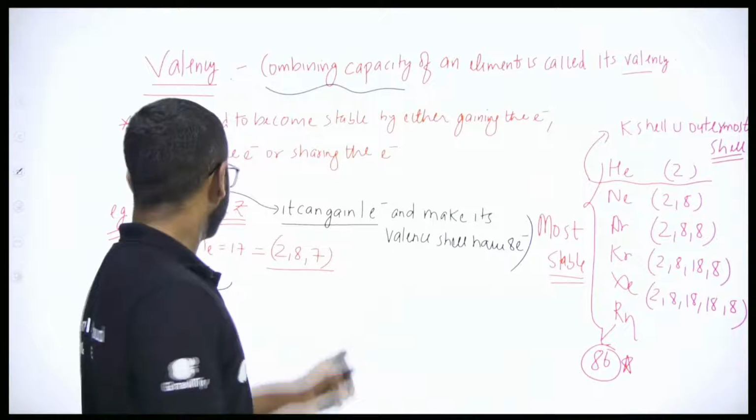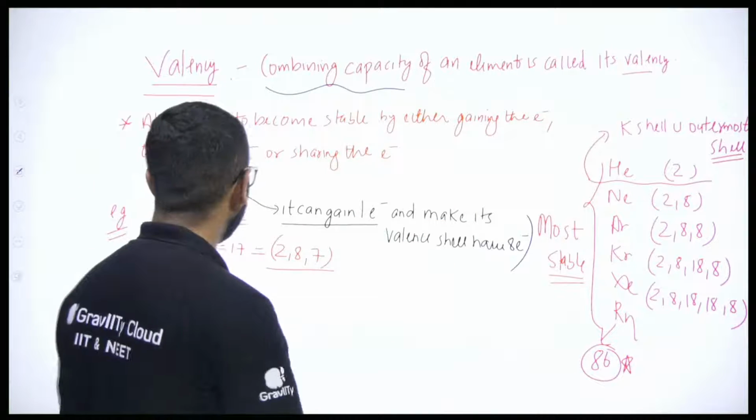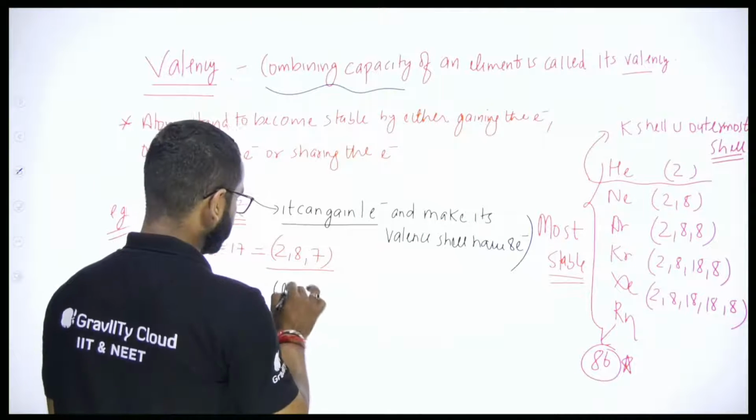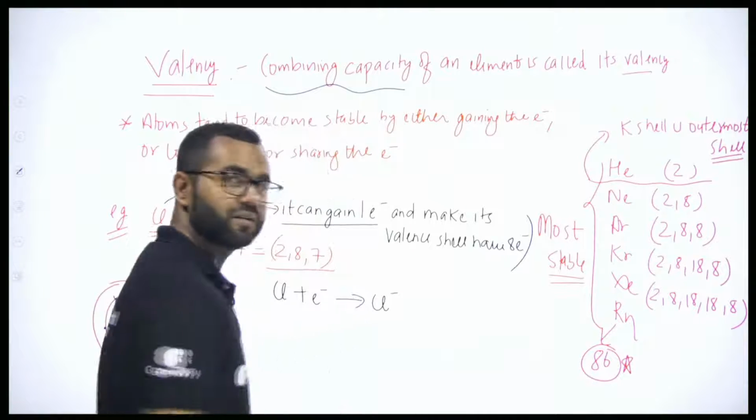Right? How? If this chlorine atom gains 1 electron, it will form Cl minus.